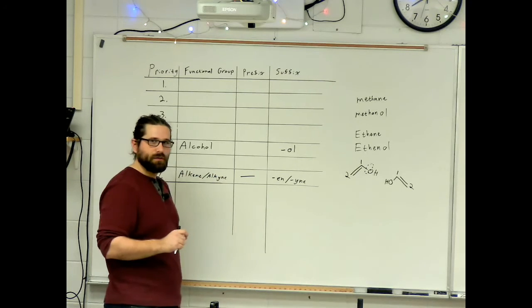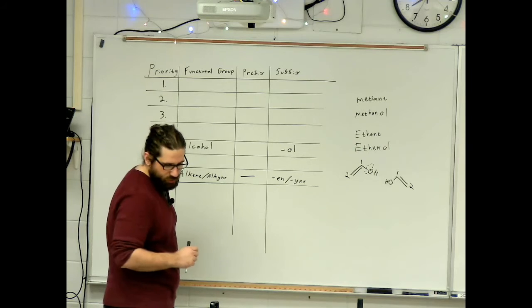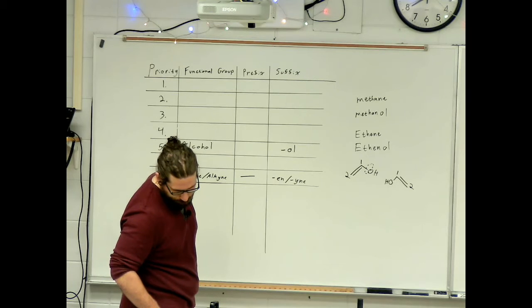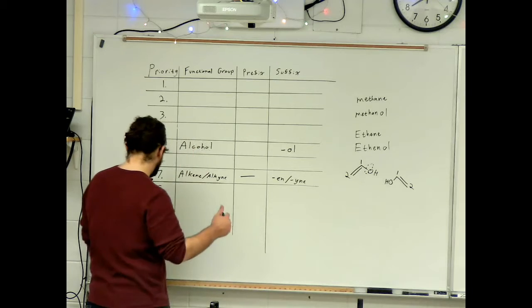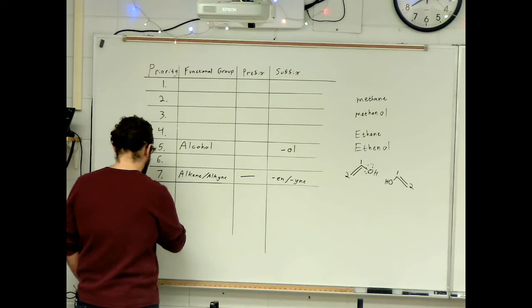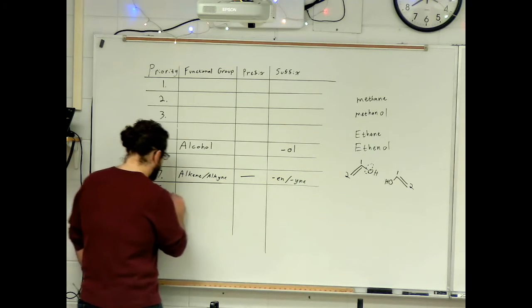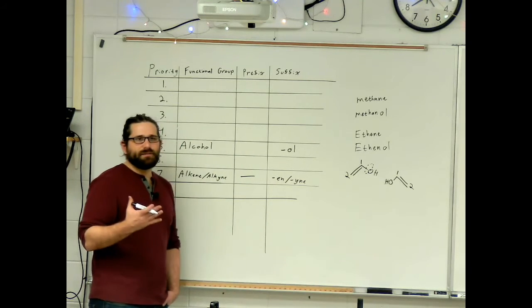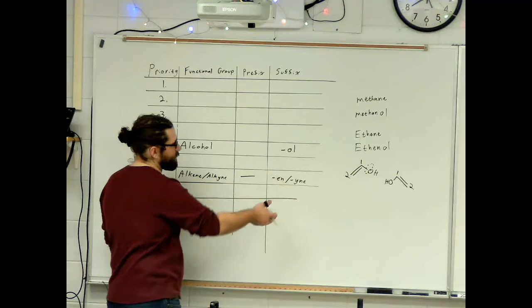Okay? So whenever I'm counting these carbon chains, if I see an alcohol group and an alkene or an alkyne, or if I see a side chain, let's see, side chain priority. Let's actually put a 9 here. Side chain priority is actually going to be the lowest possible priority because they don't have a suffix. They always have a prefix.